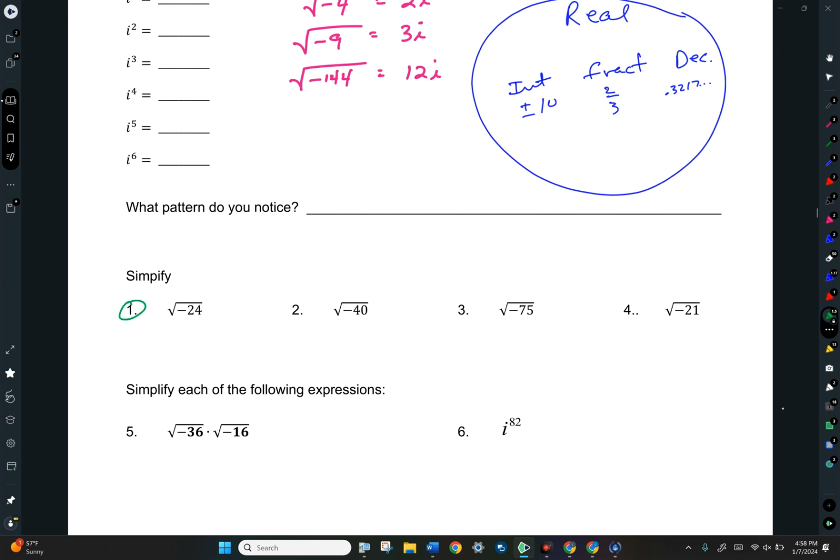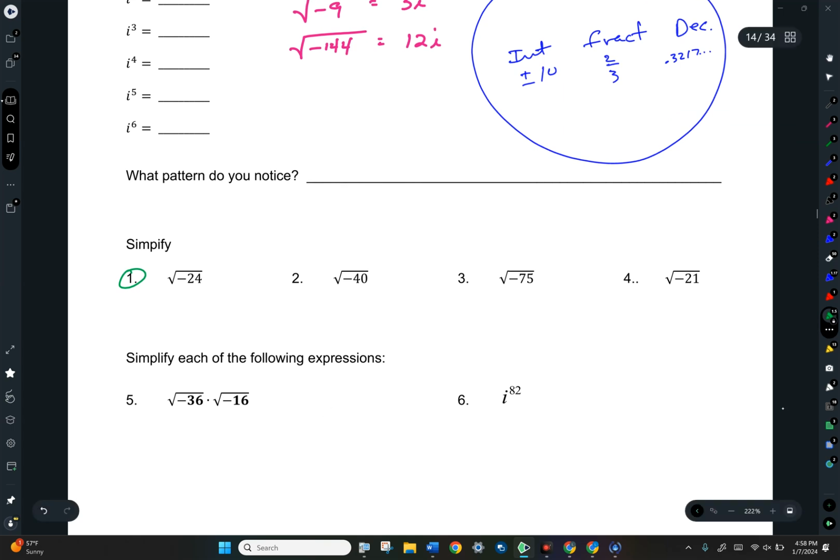In other words, what if the square root doesn't come out nice and neat? Well, the fact that there's a negative means I know there's going to be an i out in front, and so now I'm done thinking about that negative. So now, channel your Algebra 1 and geometry. If I want to simplify square root of negative 24, or just square root of 24, let's start thinking about what will multiply to be 24. So it doesn't matter what you start with. I could think about a 6 and 4.